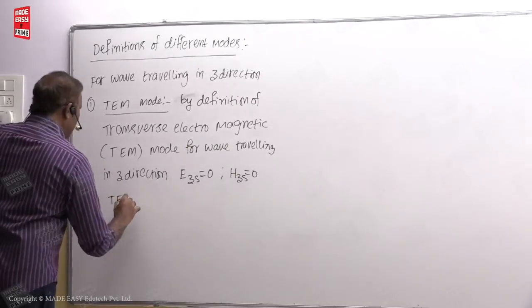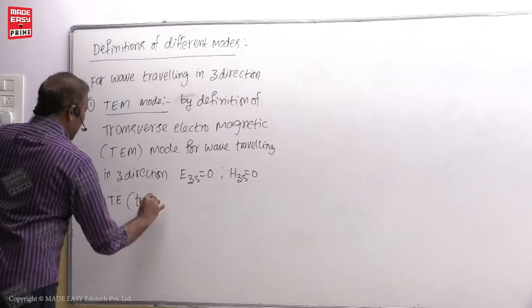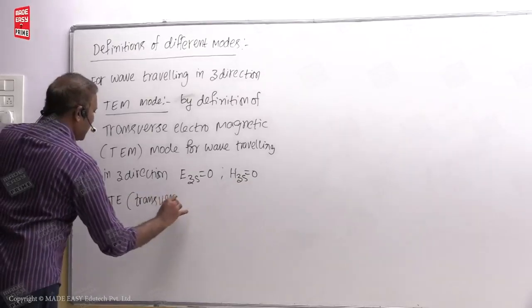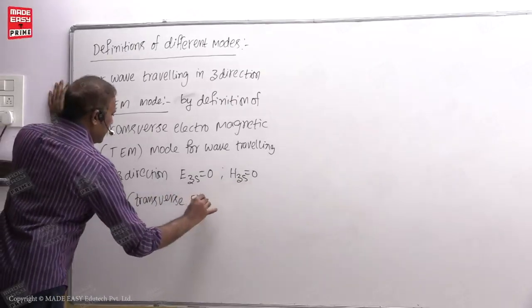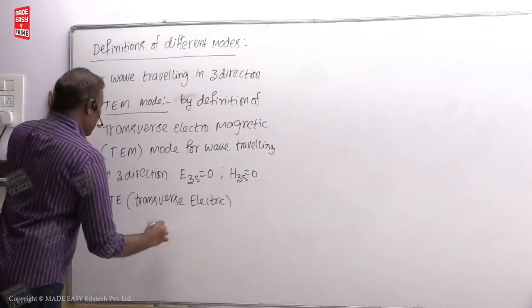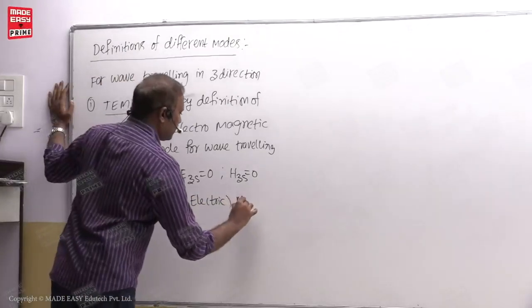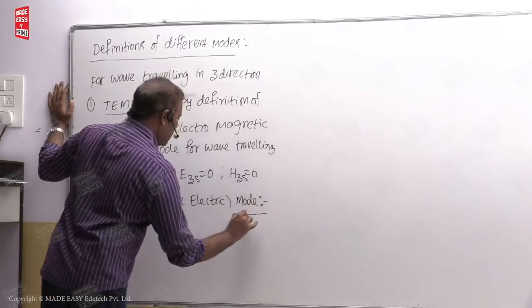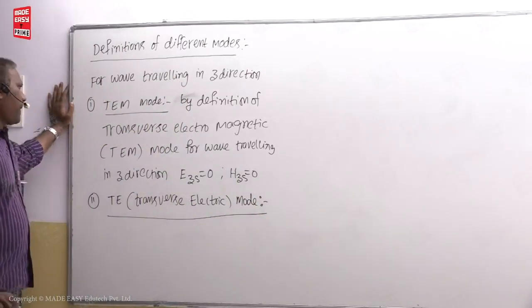Similarly, TE mode. TE means transverse electric. Transverse means 90 degrees. Okay, students.